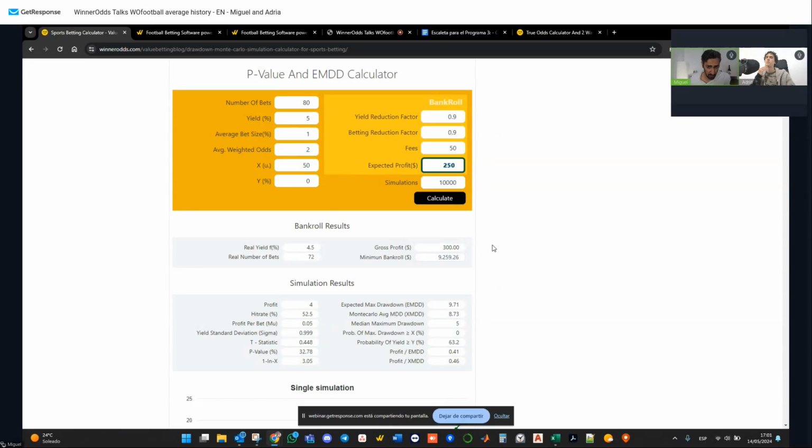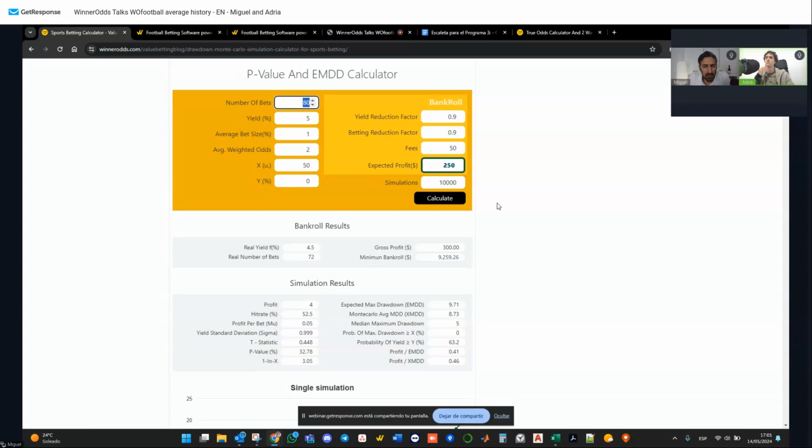So if I place 1 month here, I have to place here fees for 1 month and my expected net profit for 1 month. So this is how to use this part of the bankroll, and this is always related to the same period. It seems really useful for random tipsters that you find out there that seem appealing, to know how much bankroll you need.